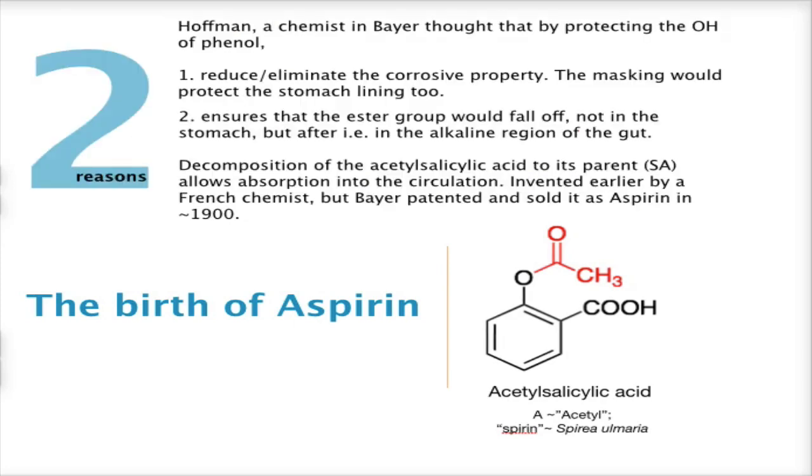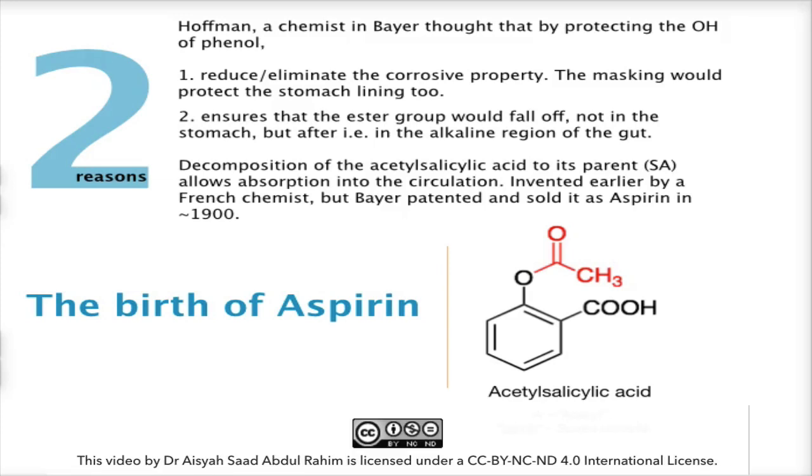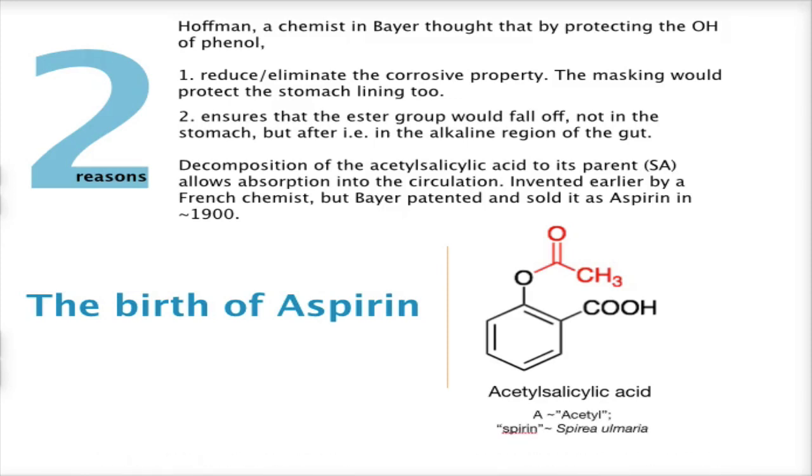All of this thinking was done by many scientists, but the key scientist is Hoffmann, a chemist at Bayer, who thought that just masking the OH group can eliminate the corrosiveness of phenol, and once in the stomach, the ester group will fall off and form the parent molecule, that is salicylic acid. Fantastic.